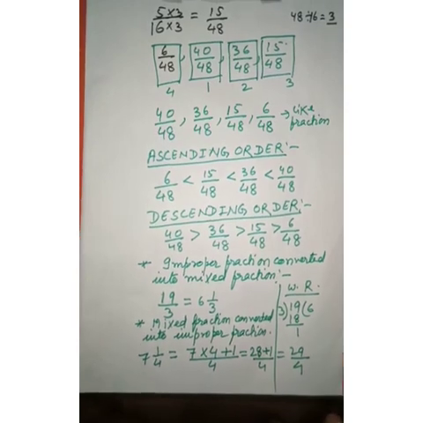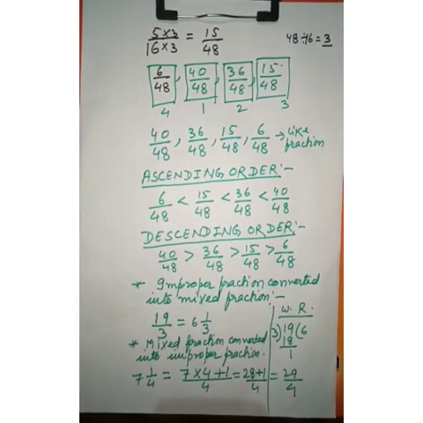Okay student, like this we used to do all these things. Okay, how to convert an improper fraction into a mixed fraction, and a mixed fraction into an improper fraction. Okay student, see the rules. You will not get them in any books. Okay, see this rule properly. This is very helpful for you all.